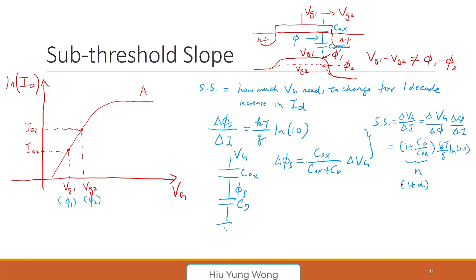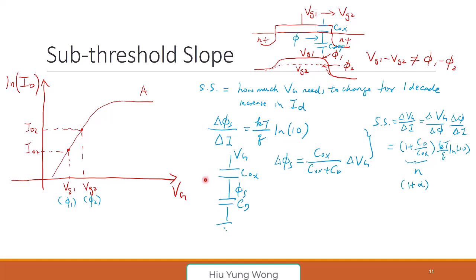Some of you might get lost in the math, but don't worry. The main point is this. You have the equation already, but you want to know why you have this equation. The main reason is that you have an ideality factor. I try to change the surface potential through Vg, but they do not all go to the phi s because of this potential divider effect.